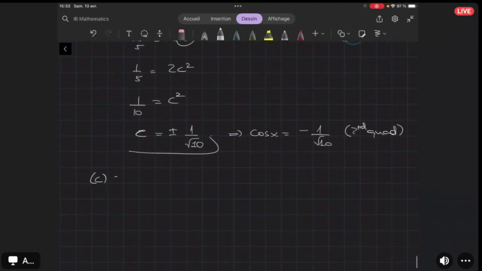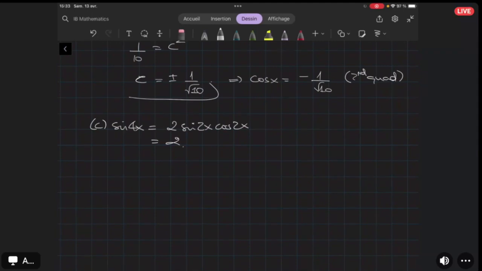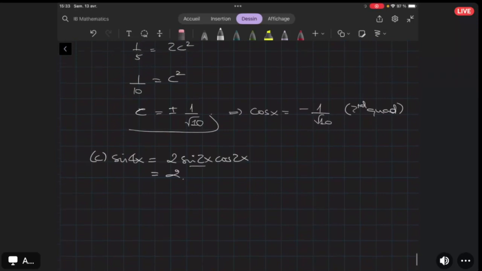C, sine of 4x. You know that HL trigonometry is mostly SL, right? Sine of 2x.